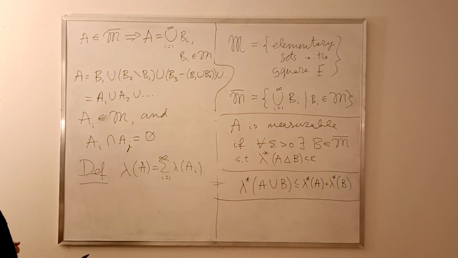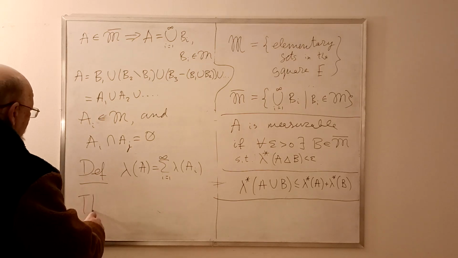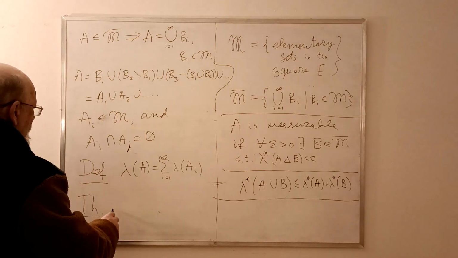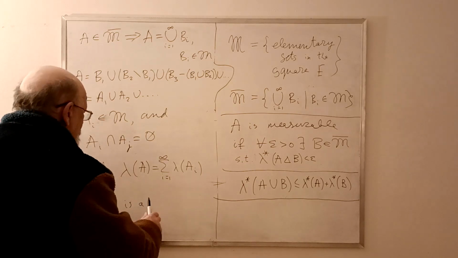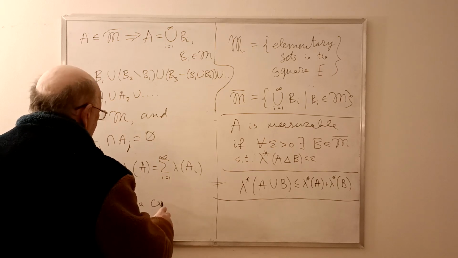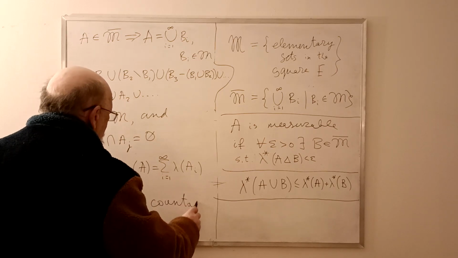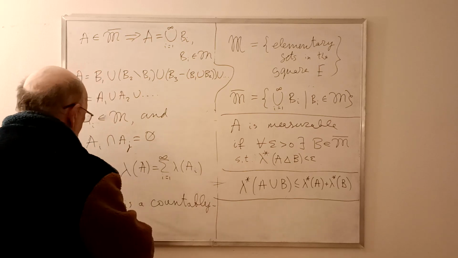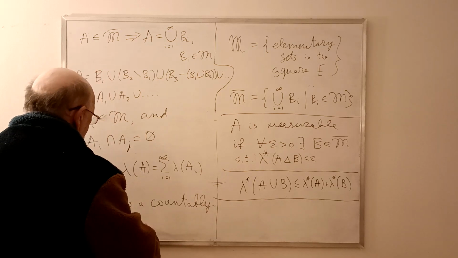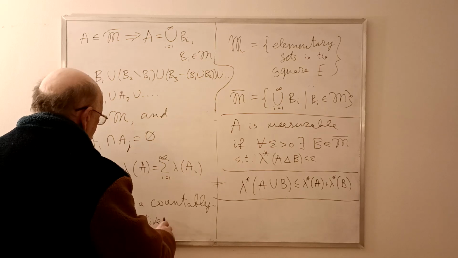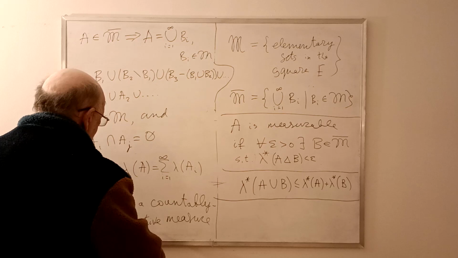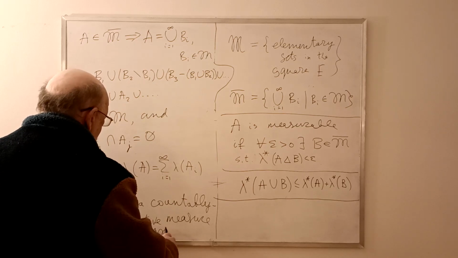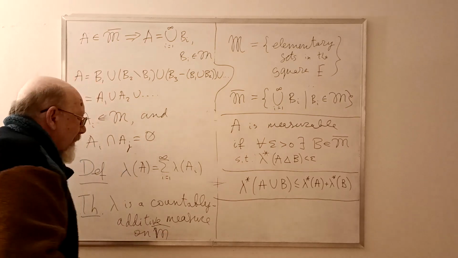So it is all measurable sets, and the next theorem: lambda is a countably additive measure on M bar.